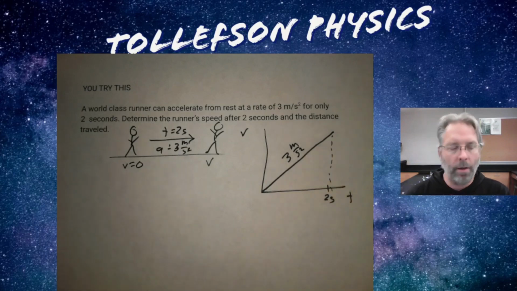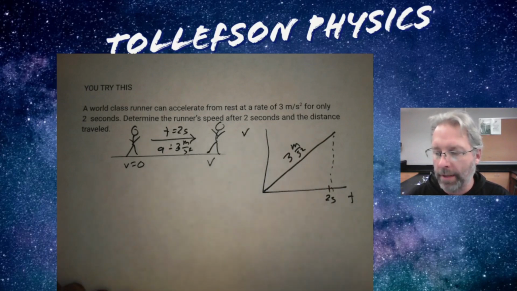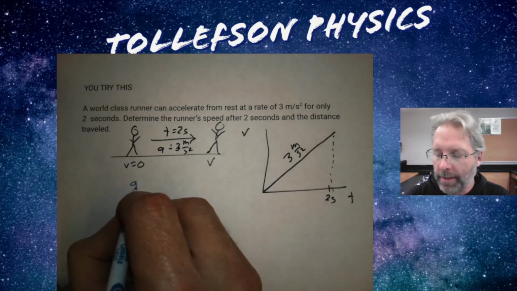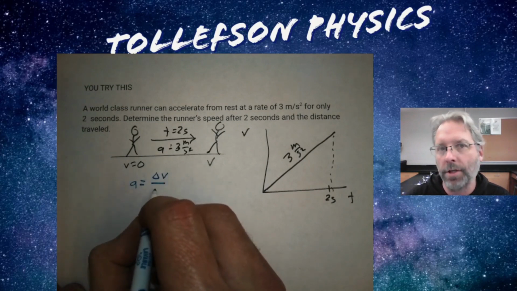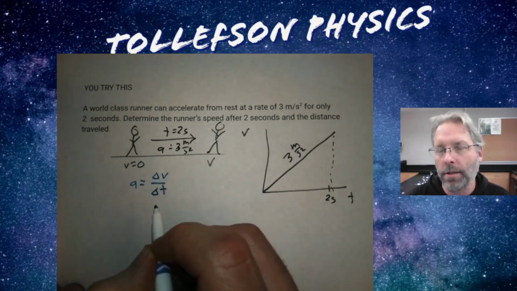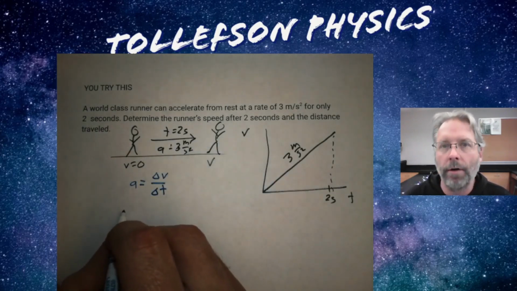So since we know the slope, that's a good place to start since I don't know the area. So I'm going to go with the slope first, which is kind of the theme of this video. And so the slope is the rise over run. So once again, acceleration is what the slope means. The rise is the change in velocity, and the run is the change in time. So this time I'll substitute numbers instead of rearranging.